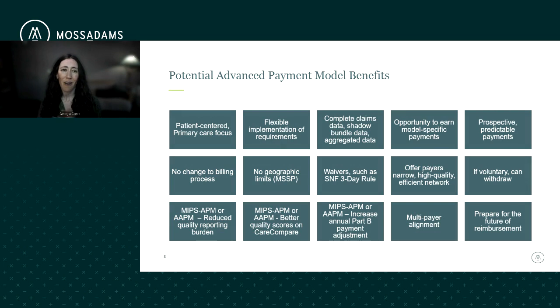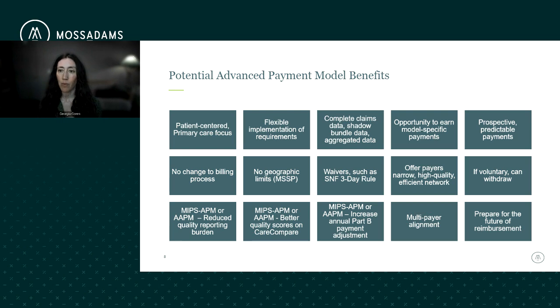So I'm not going to talk about all these different benefits of being in these models, but some I haven't mentioned yet. I just want to highlight that you do get access to more data. So if you are a little bit of a data wonk, and I would argue probably everyone in healthcare is or should be, it's exciting to get complete claims data about your patients so you can understand those patterns of care delivery, where they're going.